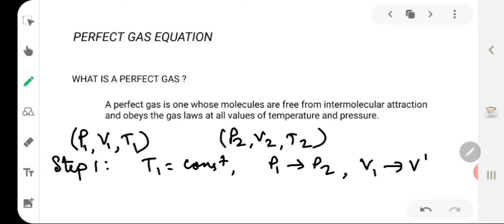Now since the temperature of the gas remains constant, so from Boyle's law we can write down P1 V1 equal to P2 V dash. Coming to step 2. Now the pressure, volume and temperature of the gas are P2, V dash and T1 respectively.